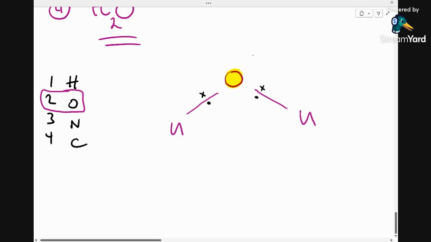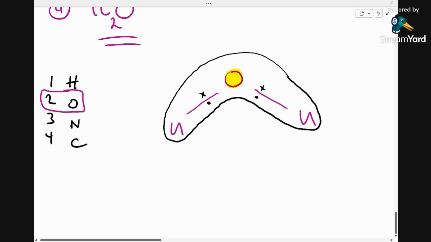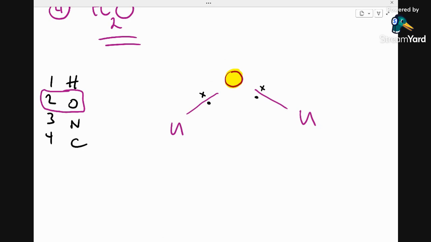The electron density map would look something like this, where you've got greater electron density towards the oxygen, and they spend less time near the hydrogen. So we can add our deltas on. Oxygen here is delta negative. Our hydrogens are both delta positive.